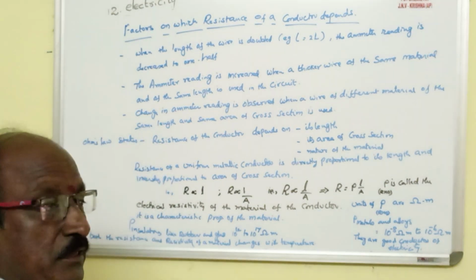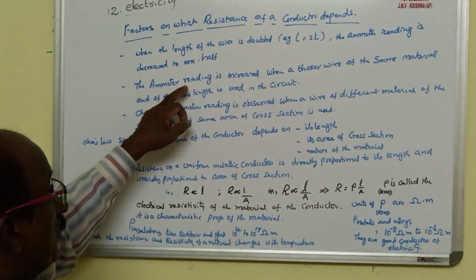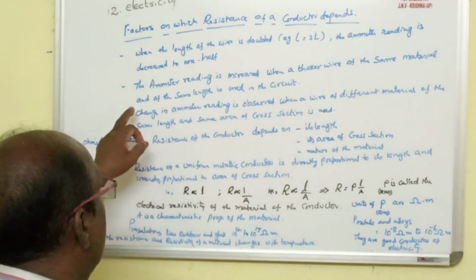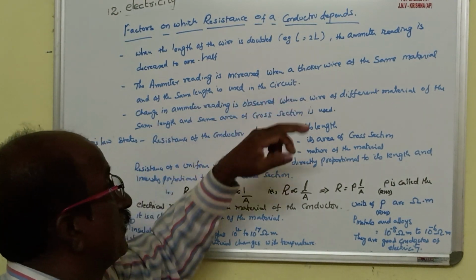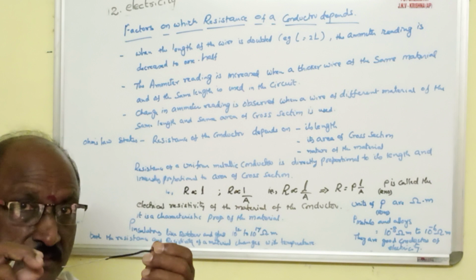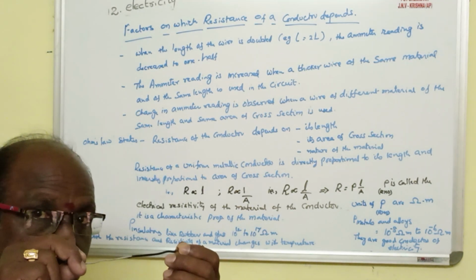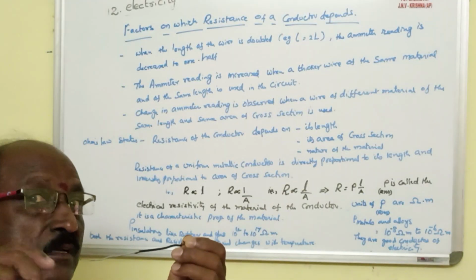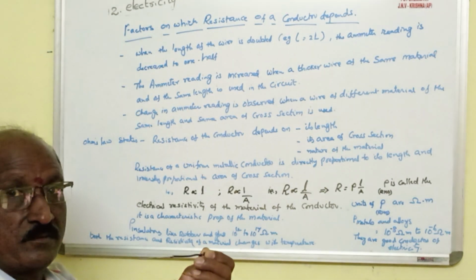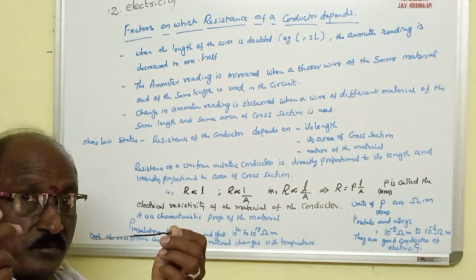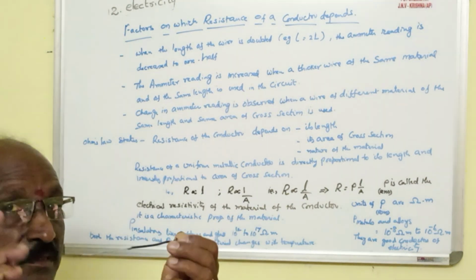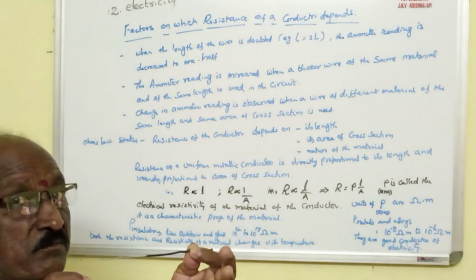So the ammeter reading is increased when a thicker wire of the same material and of the same length is used in the circuit. As the thickness of the conducting wire goes on increasing, the ammeter's deflection goes on increasing. If the thickness is reduced, the ammeter deflection is also reduced. But the length must be the same.